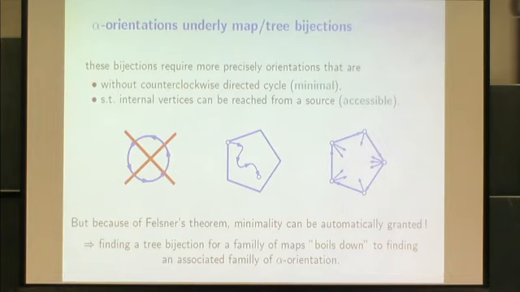So a very rough summary of all this work about finding bijections between maps and trees is that to find a family of trees that is in bijection with a given family of maps boils down to finding the right family of alpha orientations. And then you can take the minimal orientation and apply one of the master theorems, and you sort of get the bijection. Of course, there are details to work out, but that's the general principle.